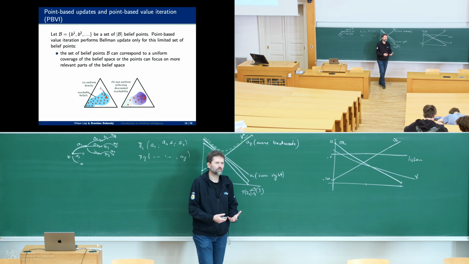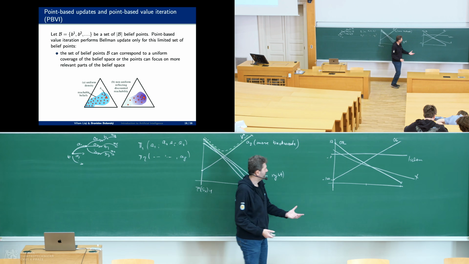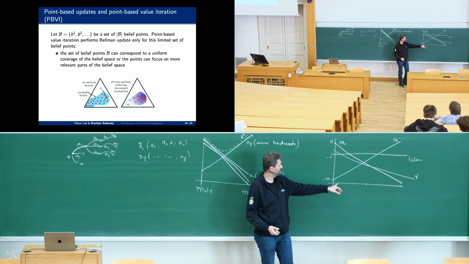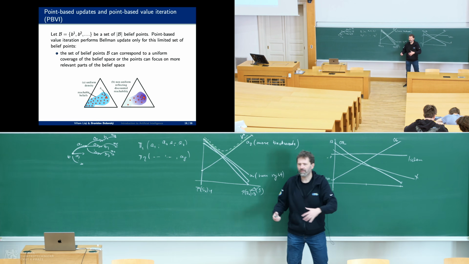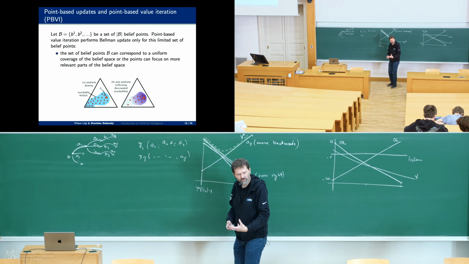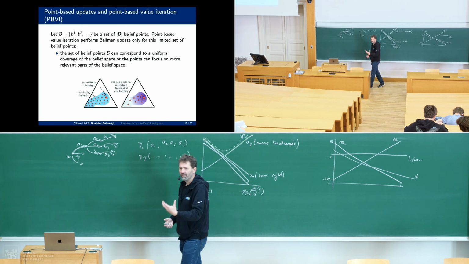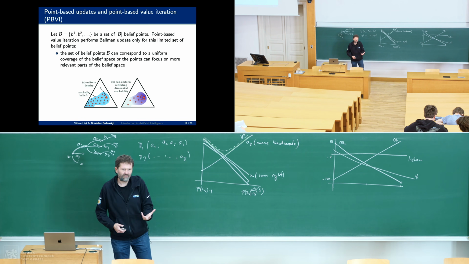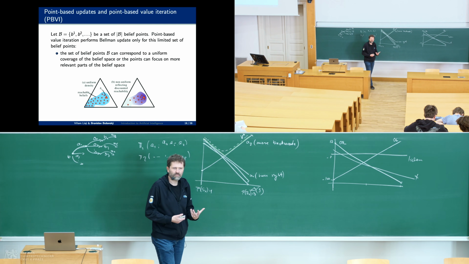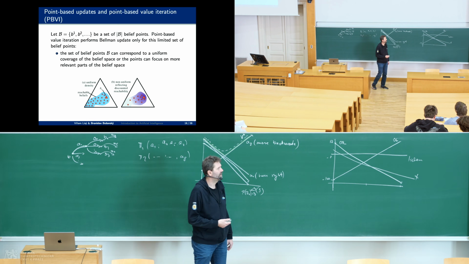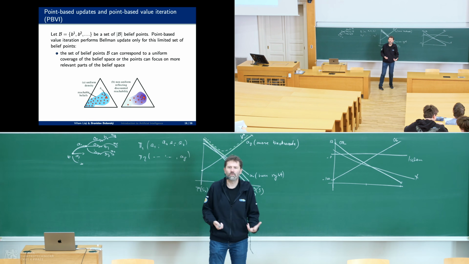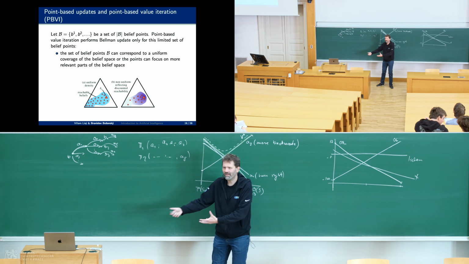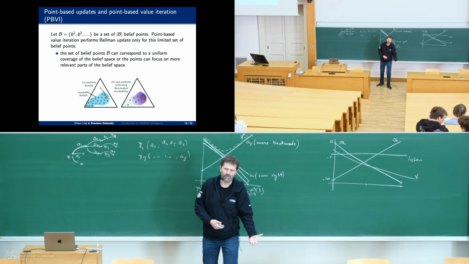Because if we choose poorly... I said that I want to remember this one, and that one, because I had some background knowledge about which belief points could be important for the tiger example. But if we don't have that, it's not easy to say which belief points are actually important, because we don't know which belief points are going to be important before we actually solve the problem.